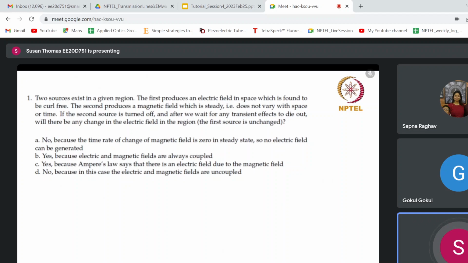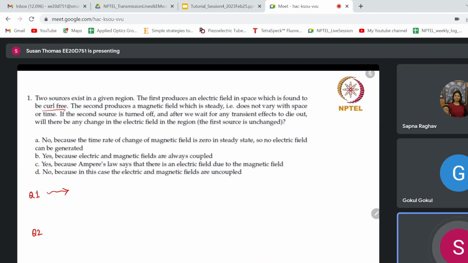So two sources exist in a given region. Say we have a source Q1, and another source is Q2. The first one produces an electric field in space which is found to be curl free. So now let me make that into a graphical representation.